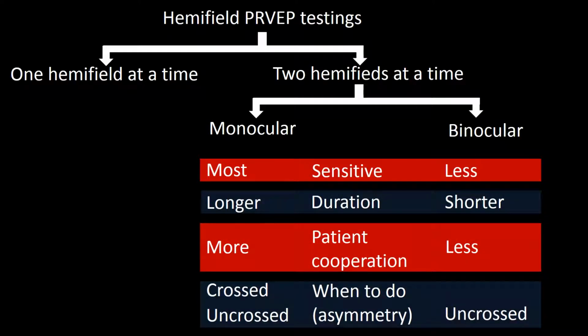This frame has listed the different methods of Hemifield pattern reversal visual evoked potential testing. The first method consists of independent testing each half of the visual field on their own. This is the old-fashioned way. Newer equipment can do two hemifields during the same study.